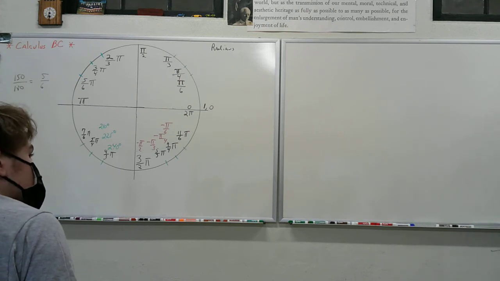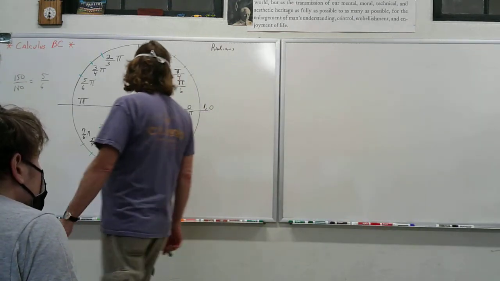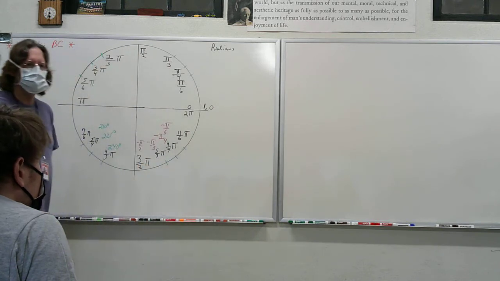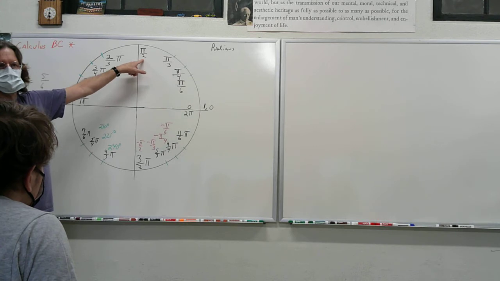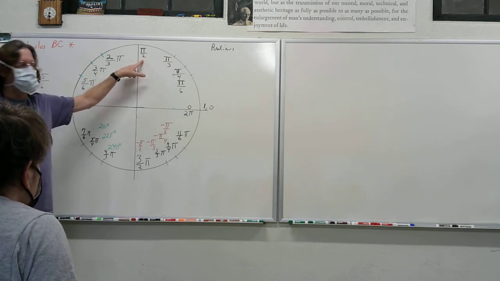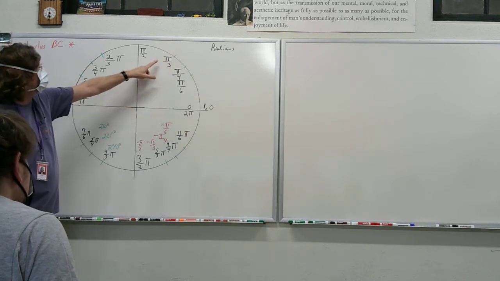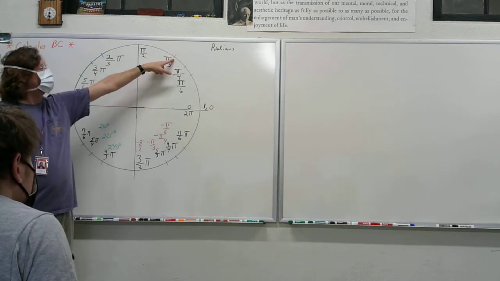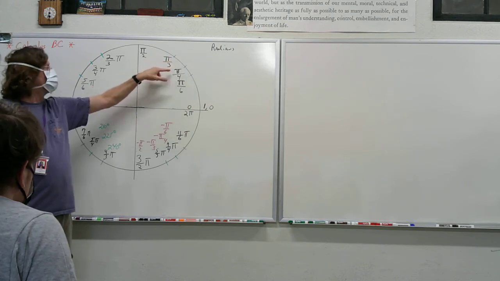Oh, now, one thing, does everyone realize if I just told you it was 1 radian, that's 1.57. Is everybody okay that that's 1.57? So 1 radian is going to be somewhere about here, right? Matter of fact, if you think about it, that's 1 point something radians, right? 3.14 divided by 3.